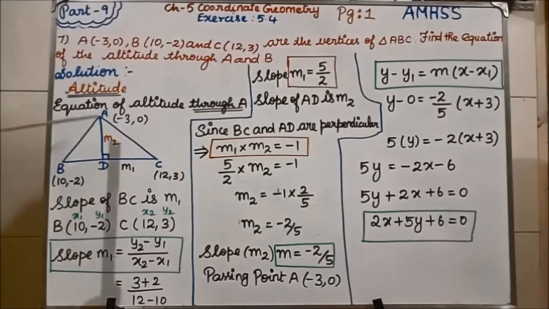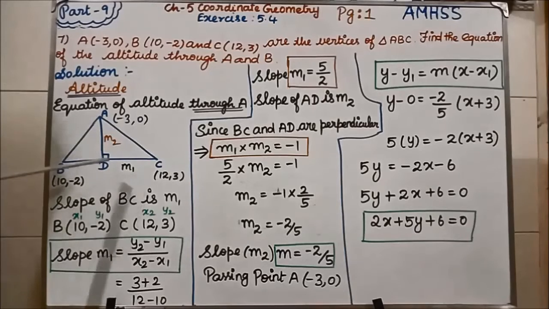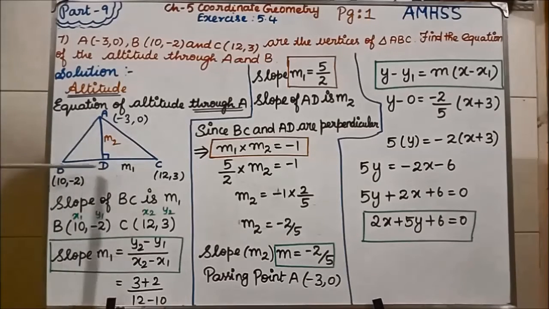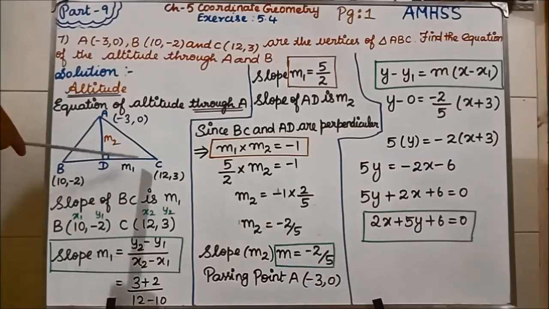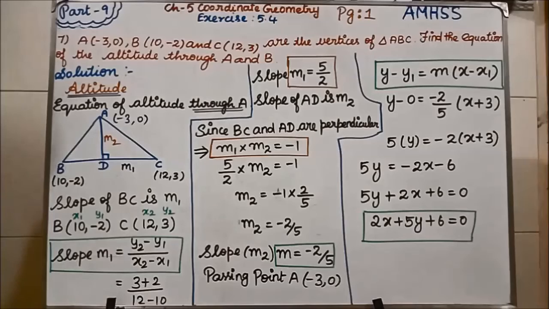Now see here, altitude means perpendicular, I have told you. Here M1, this is our base, where this altitude is perpendicular. AD is perpendicular to BC, isn't it? Perpendicular means what is the formula? M1 into M2 is equal to minus 1.